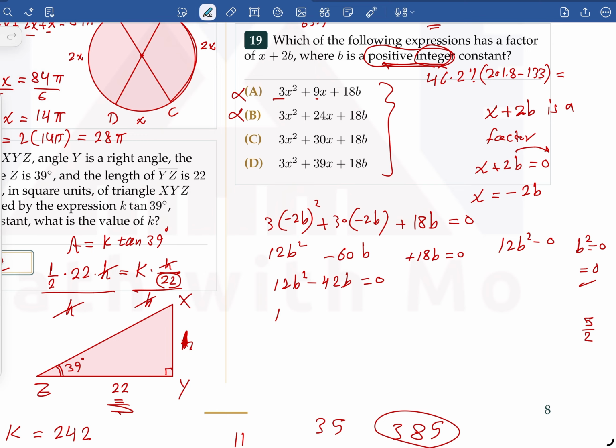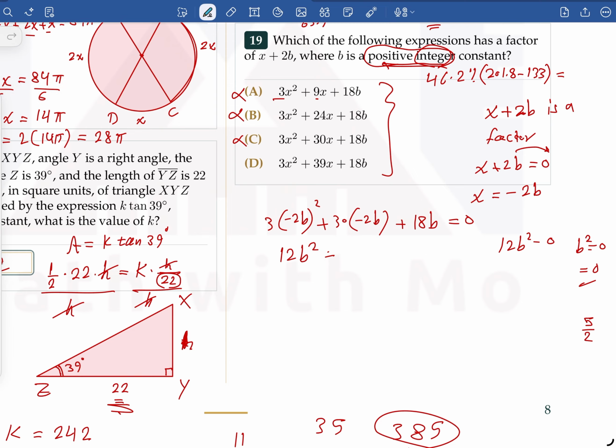Divide by b also, get 12b minus 42 is equal to 0, which means 12b equals 42. When you divide by 12, you get b equals 7 over 2, which is also not an integer. So C is incorrect. If you want to check for D, you just replace this 30 by 39. So 3 times this, it will be also 12b squared.